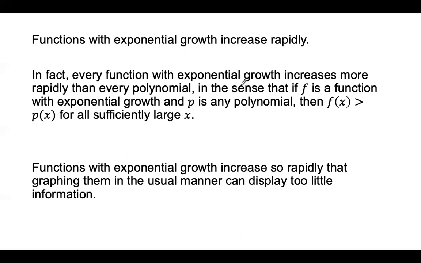It sort of took off like wildfire. It increased exponentially all of a sudden. So every function with exponential growth increases more rapidly, so it goes faster, than every polynomial, in the sense that if you have one of each, then the exponential function f of x is going to be greater than the polynomial for sufficiently large x.